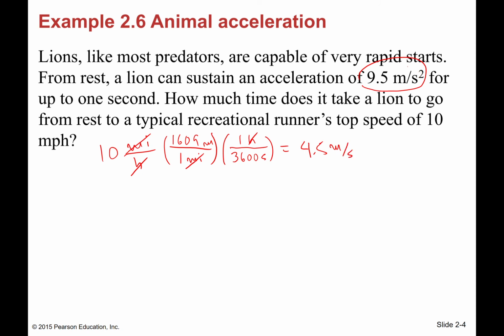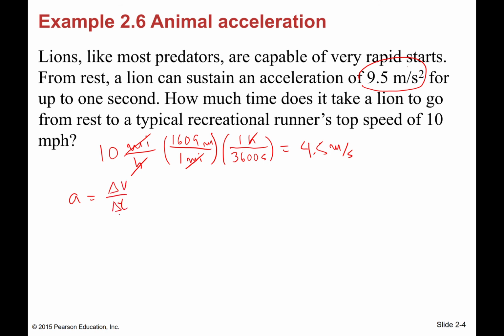So now I want to calculate the time that it takes for the lion to go from 0 to this 4.5 meters per second speed. So remember the definition of acceleration. Acceleration is equal to delta v over delta t.